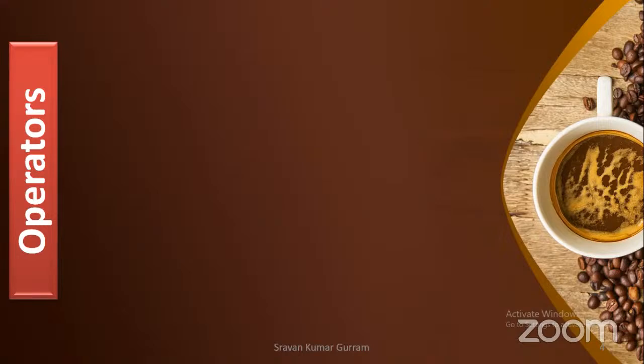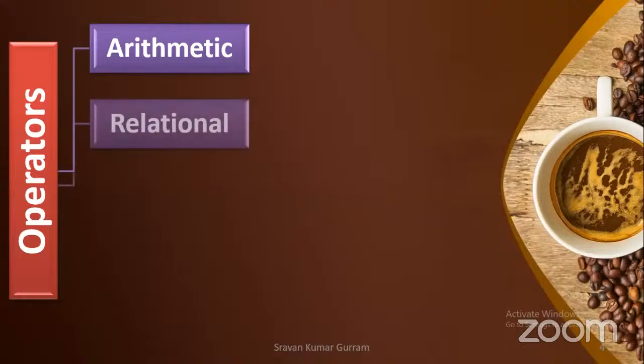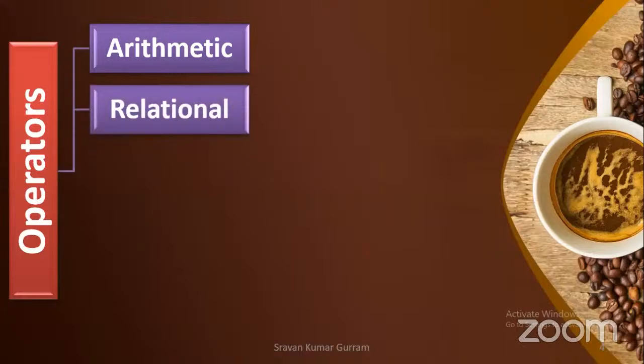So now in this session, we are going to see the different types of operators provided by Java. If time permits, we will start one more concept called control statements. Now see, the categories of the operators are arithmetic operators. Generally, these categories are probably equal in all programming languages with slight differences.